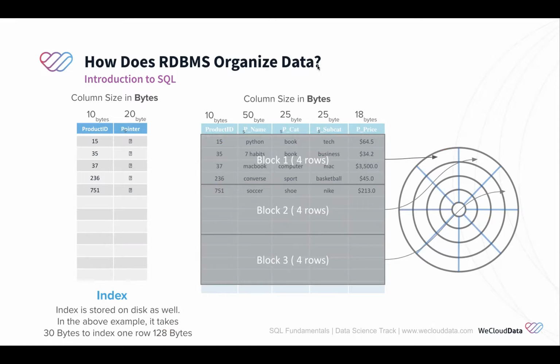And we can have index as well. Imagine you have millions of products, right? So knowing which block has the product ID is hard. If we don't have the index, imagine you have millions of rows, right? We basically need to go from the top and read all the way till the end until we find that product ID we're looking for.